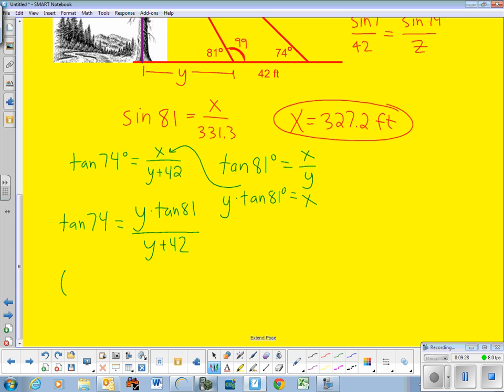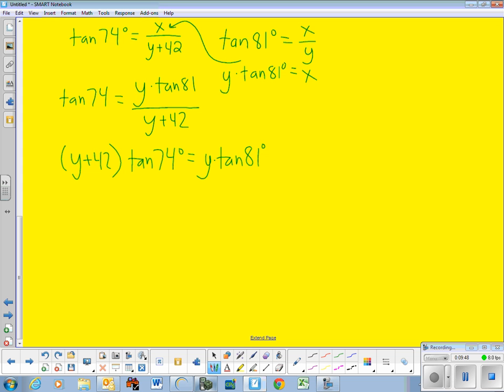All right, now I can multiply both sides by y plus 42 to get it off the bottom on the right. Remember, tangent 81, tangent 74, those are just numbers. I can do the algebra as if I had a 2 or a 3 sitting there. I've got y's on both sides, which isn't great yet. So I'm going to distribute this tangent on the left, here and here.